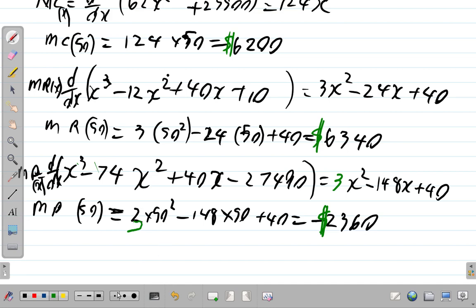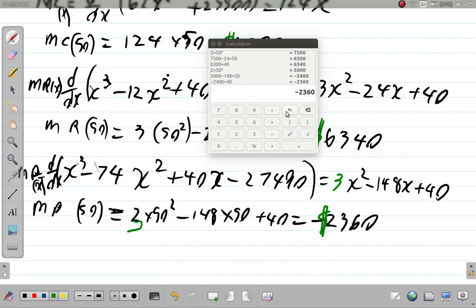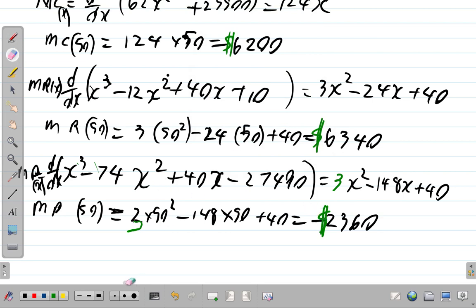Alright, so when we redo that calculation, we have 3 by 50 squared minus 148 by 50 plus 40, and we get 140.